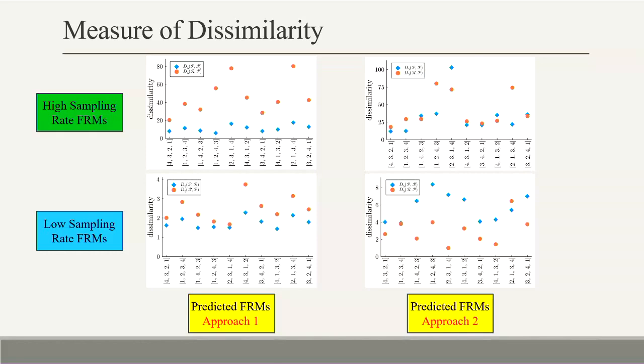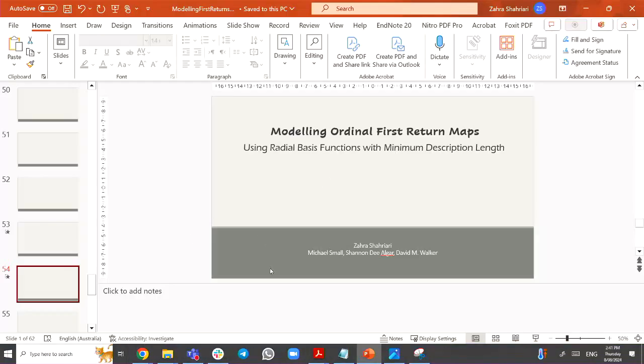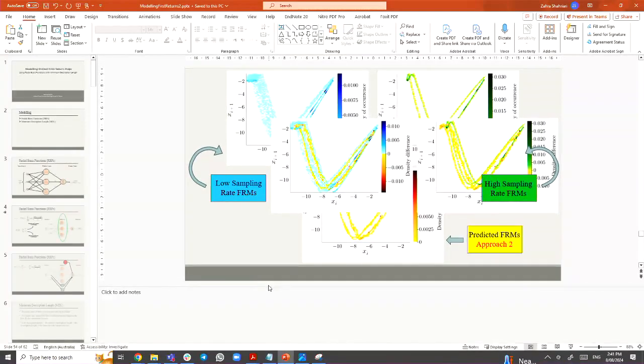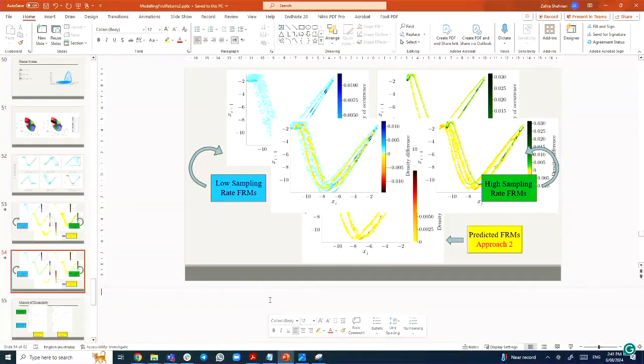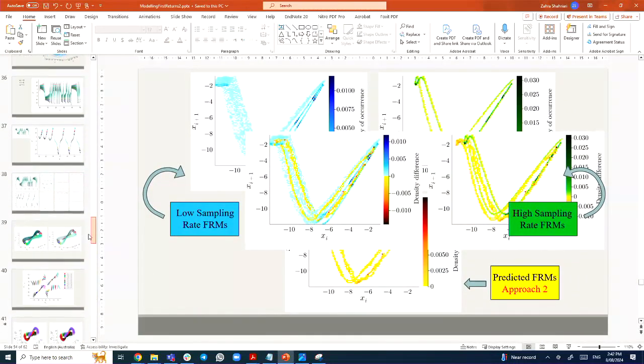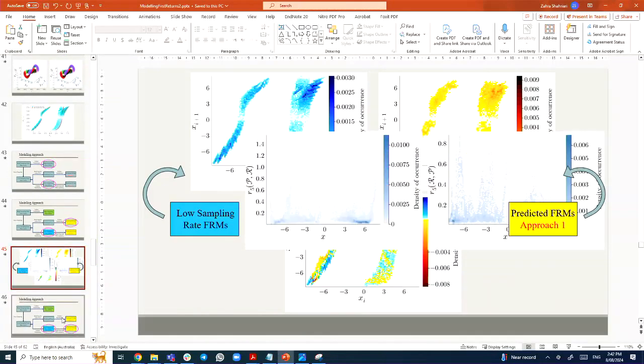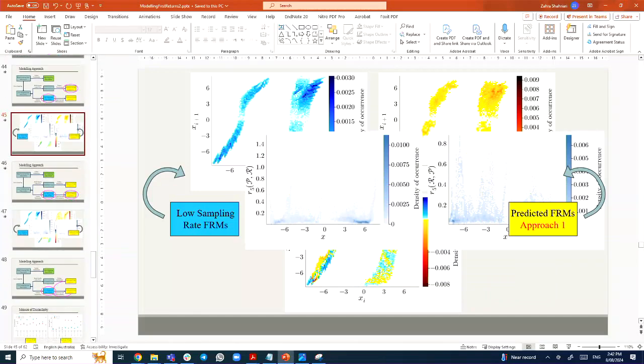Could you please go to the slide where you show the first return maps of the Lorenz one, where the pictures don't look alike, and there are yellow points at places where there shouldn't be any? Yeah, this one?